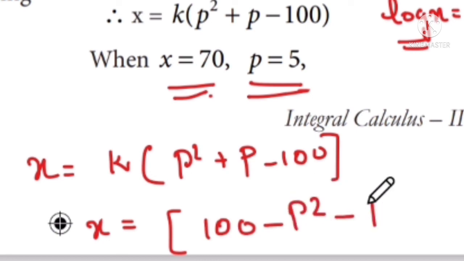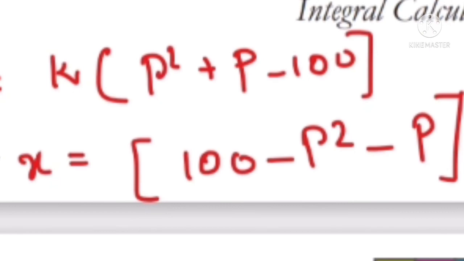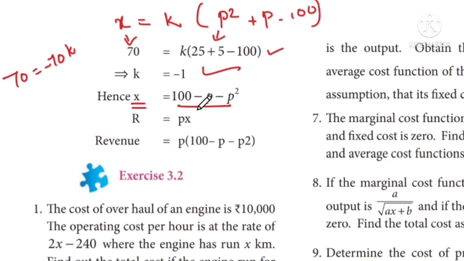So that's what is given here. X is 100 minus p square minus p. This is the demand function. Revenue is there, they didn't ask you revenue. The revenue function is R is equal to P into X. So multiply by P, and you will get the revenue function.